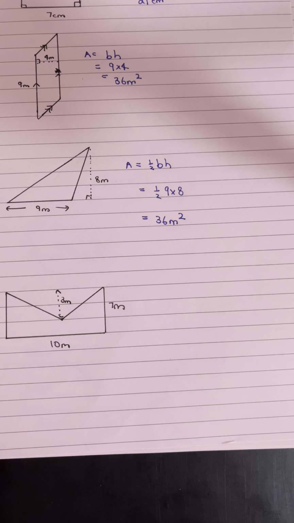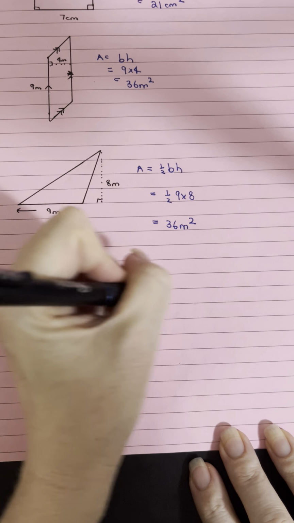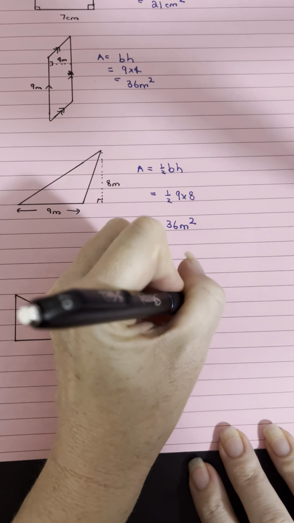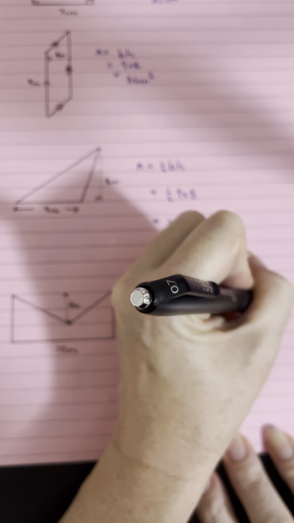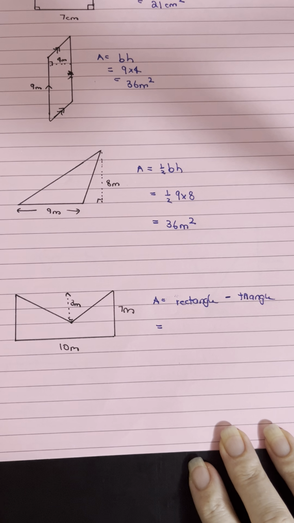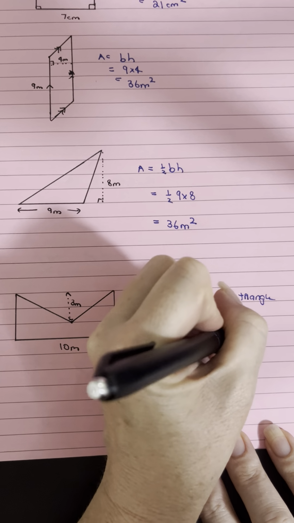The last one is a little bit of a trickier one, but what we can see is we've got two shapes. So we've got our rectangle, and we've cut out of our rectangle a triangle. So our rectangle we've got is our length times width, and our triangle a half of base times height.